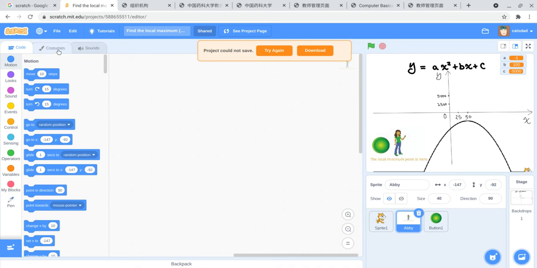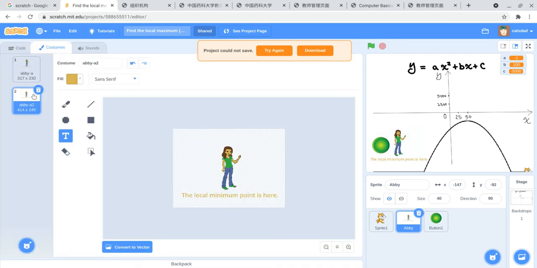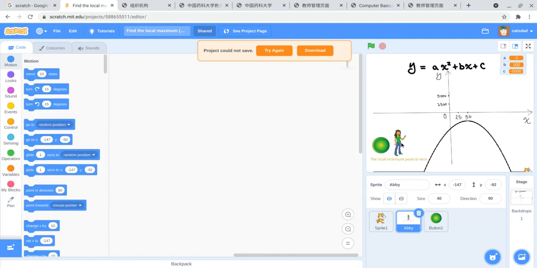I have both the minimum point sprite and the maximum point sprite, so you can use the proper one to make it go to the correct place. Let's see whether you can finish this and figure it out. I look forward to your remix project. Okay, understand? Okay, see you.